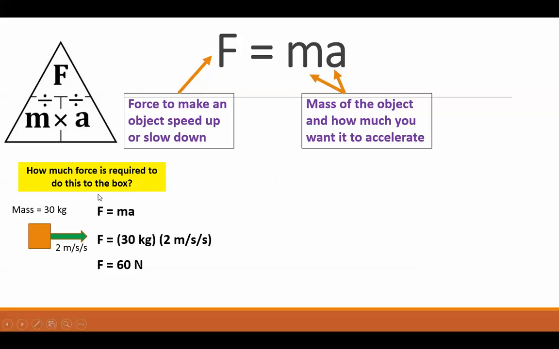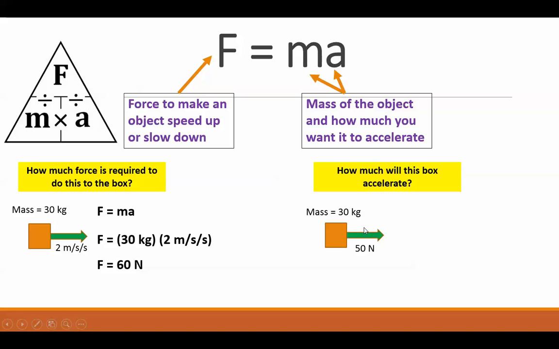Let's try one where we're solving for something else. Let's say we have the same 30 kilogram box, and this time somebody is pushing on it with 50 newtons of force. So this time we don't know the acceleration. We know how hard somebody's pushing and we know how big the box is. I just want to know how fast it's going to speed up. So how much will this box accelerate?